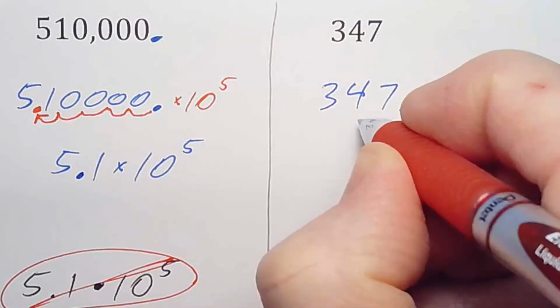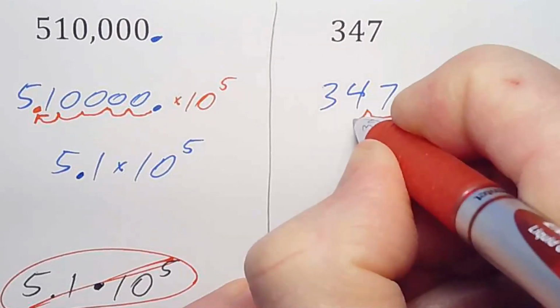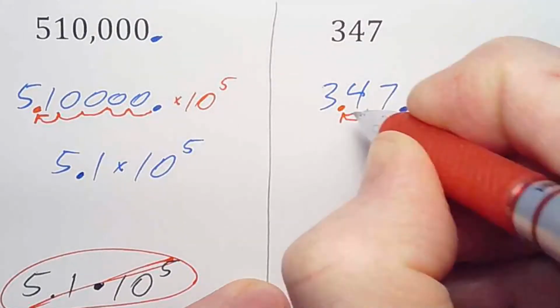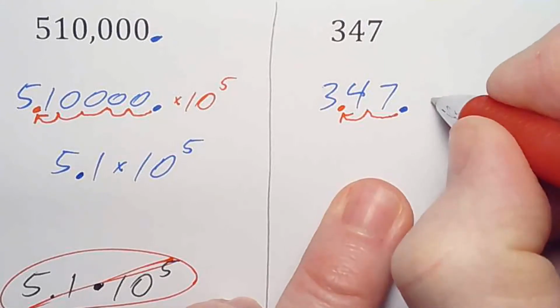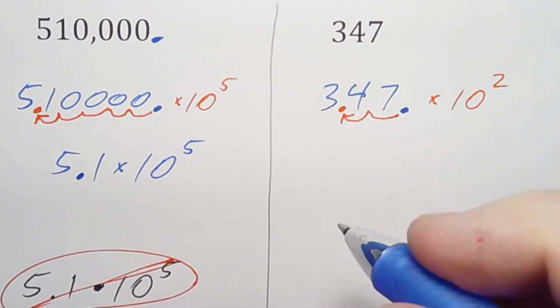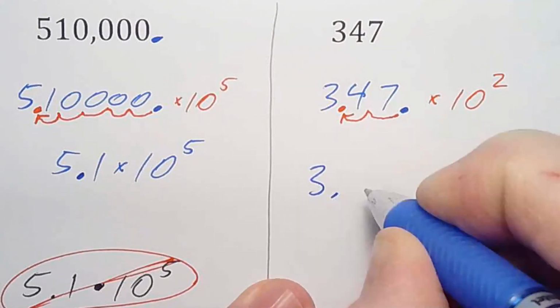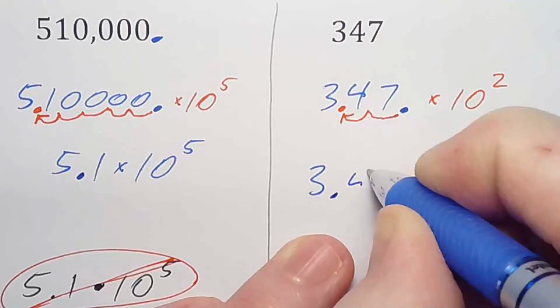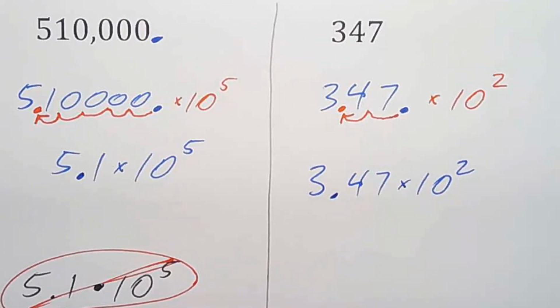I want it to be 3.47 times something, right? So boom, boom. I want my decimal point right there. Well, let's see. I moved it over 2 spots. So this is times 10 to the 2nd power. Again, let's write that a little neater. 3.47 times 10 to the 2.